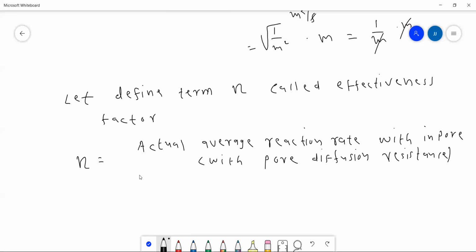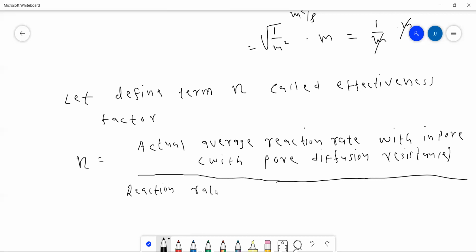the reaction rate if there is no pore diffusion resistance, right?